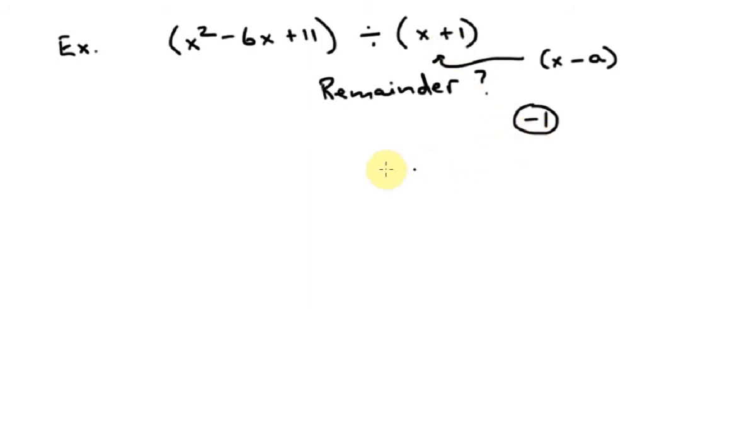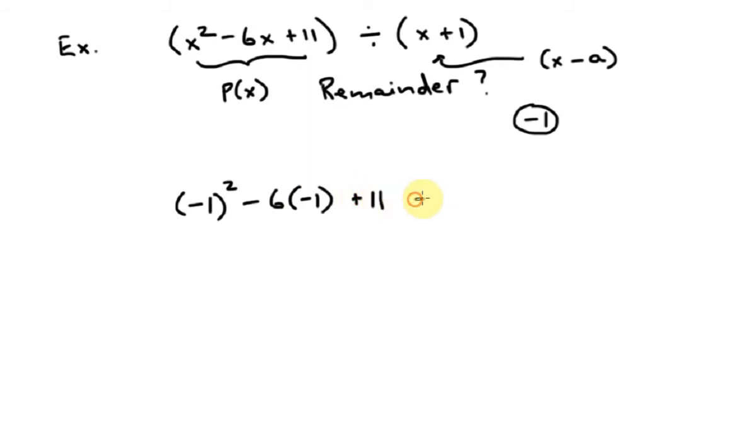So I'm going to take -1 and input it into this polynomial function, right? This is the p of x stuff over here. So I'm going to go -1 squared minus 6 times -1 plus 11. And that's going to equal a remainder. So that'd be a 1.